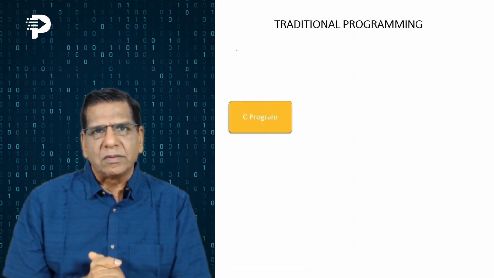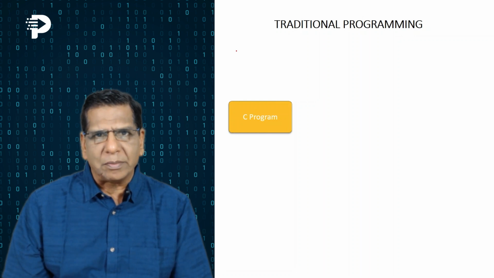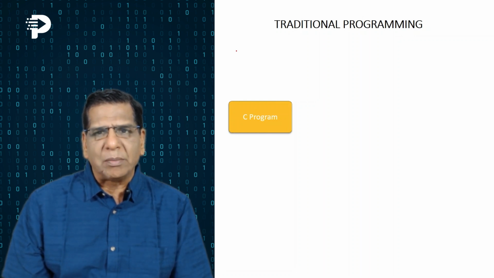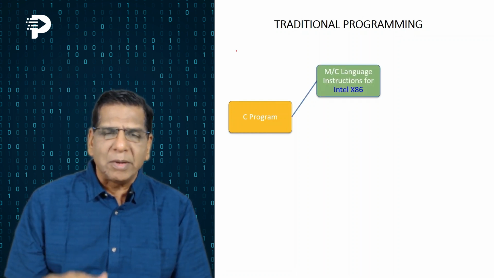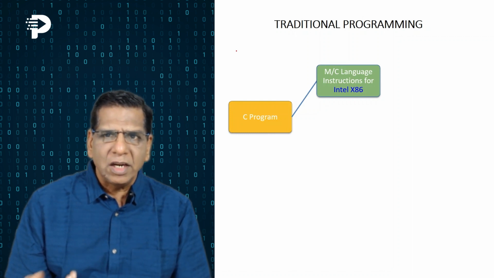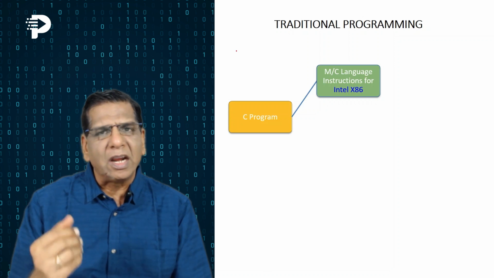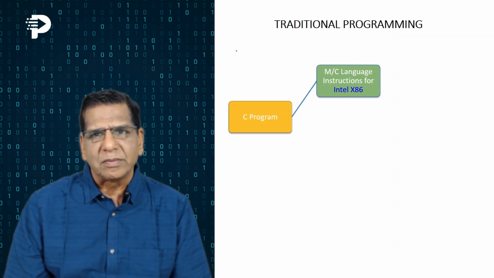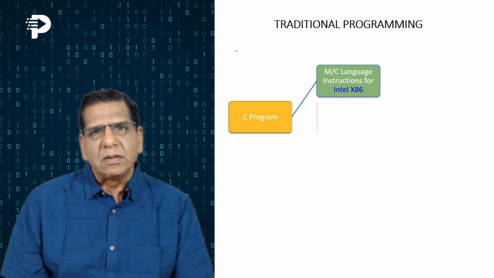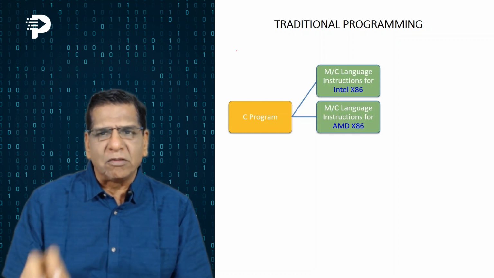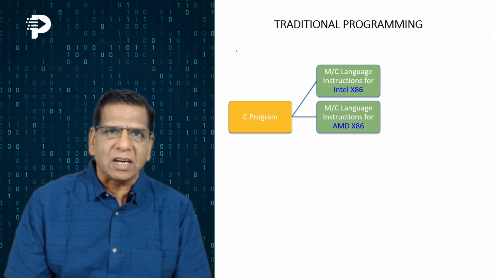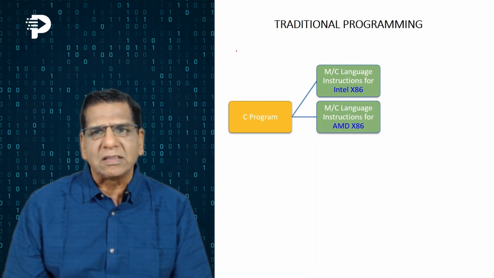Suppose we decide to write a C program. Now this C program will be ultimately compiled into machine language instructions for maybe Intel x86 microprocessor. The same C program can be converted into machine language instructions targeted for AMD x86 microprocessor.